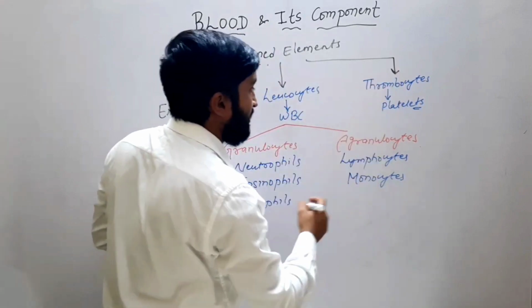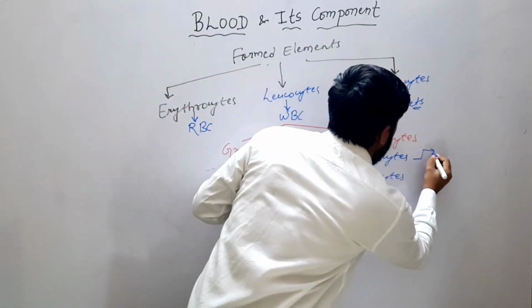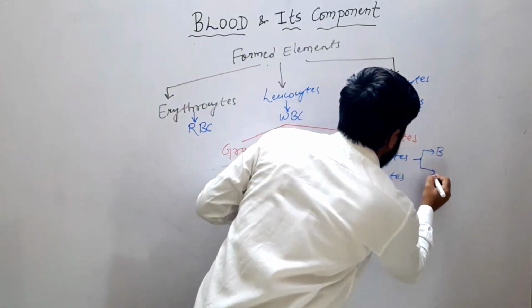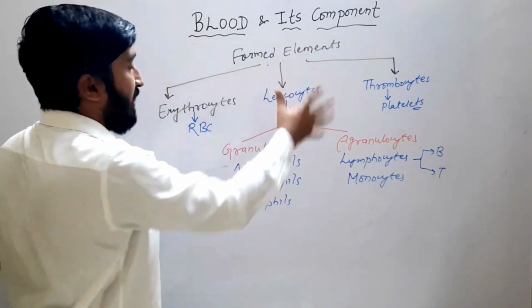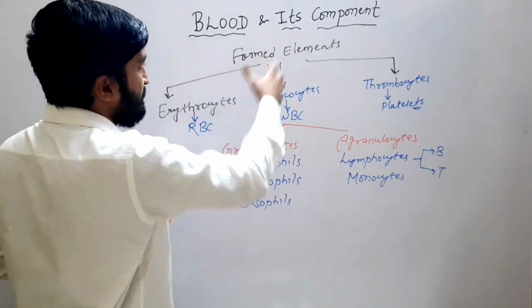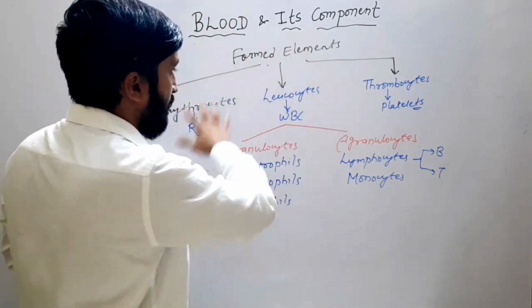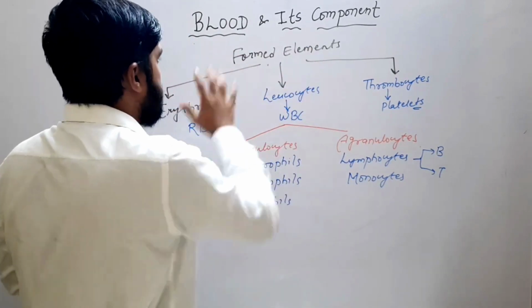And lymphocytes are further divided into two types, B lymphocytes and T lymphocytes. Okay, so this is an overall view about plasma and now the formed elements. So this is an overall view about these components.